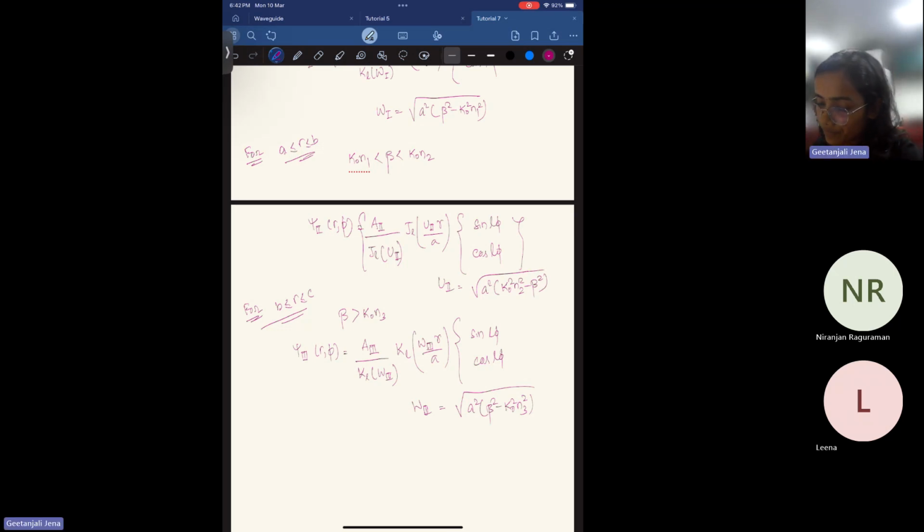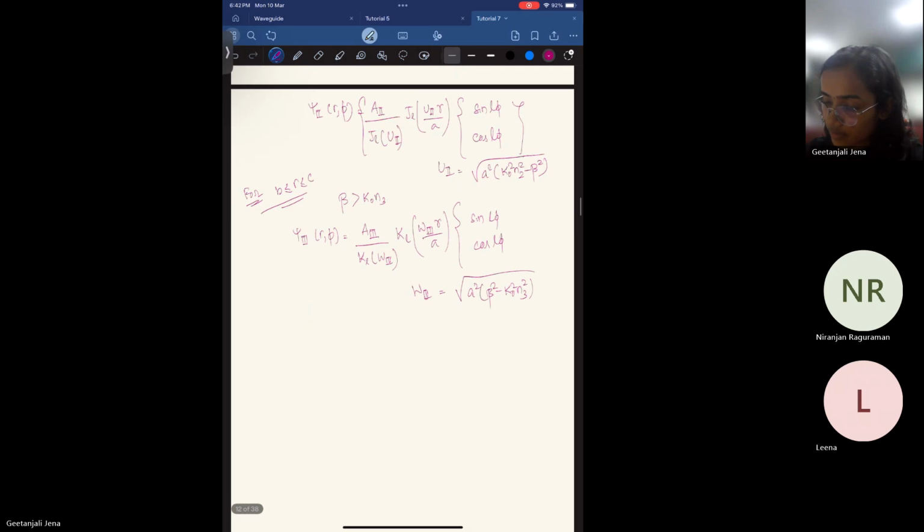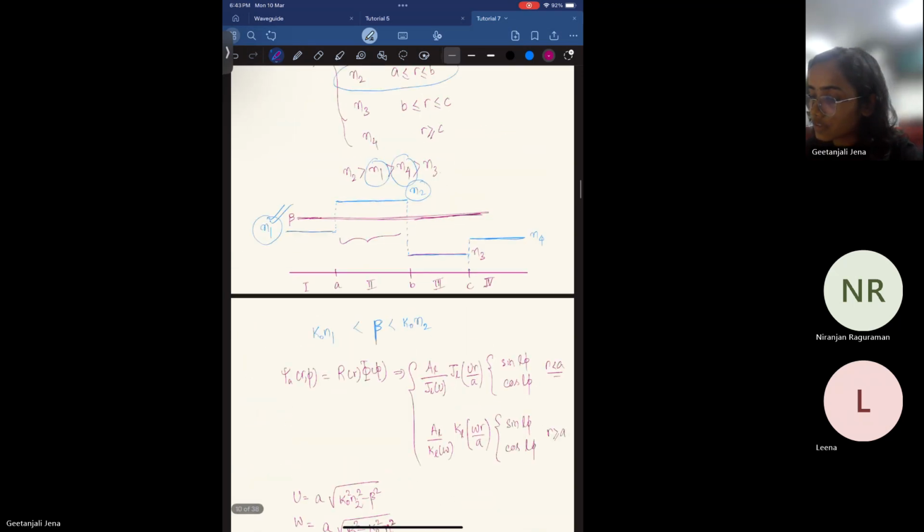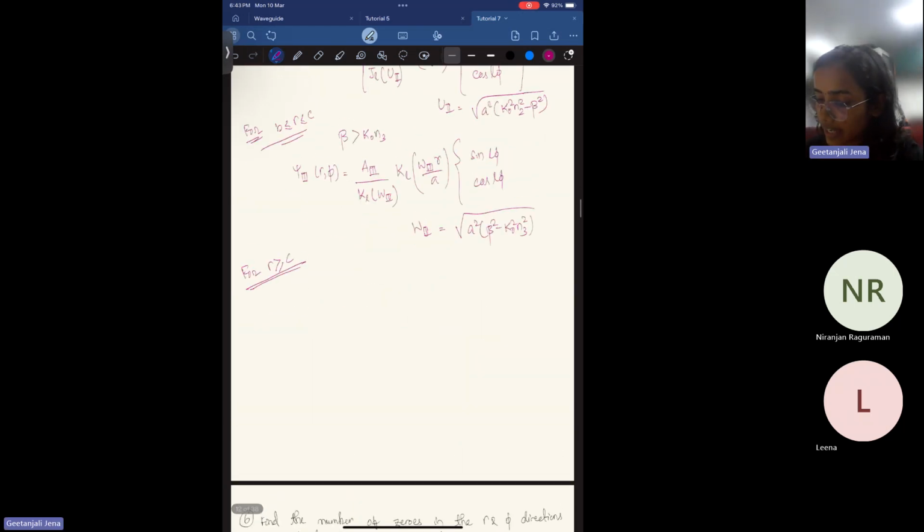In the last region, that is for r greater than or equal to C, here also we have beta greater than K0 N4. So the solution would be similar to the cladding Bessel solution in the cladding layer.